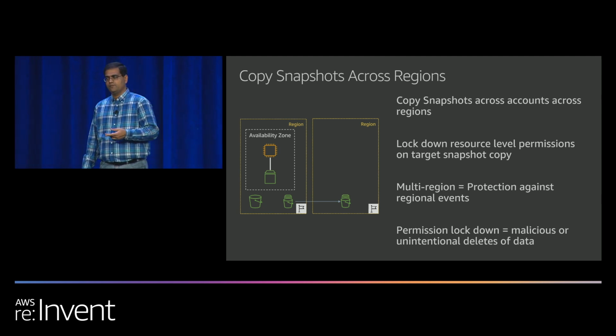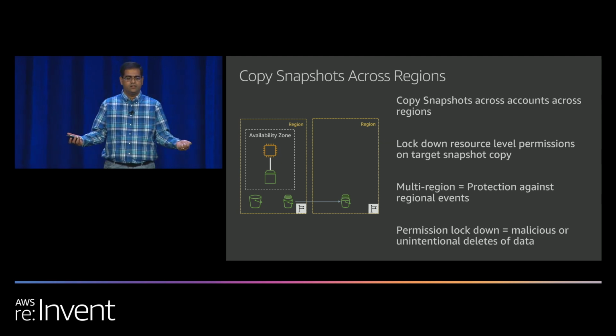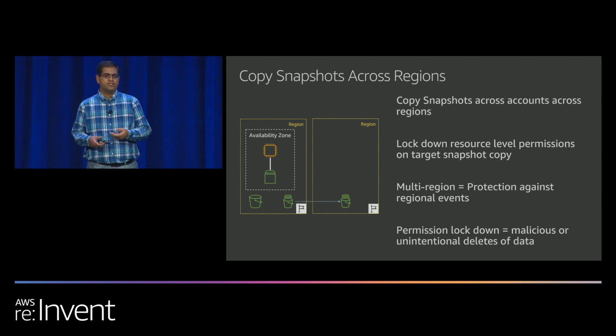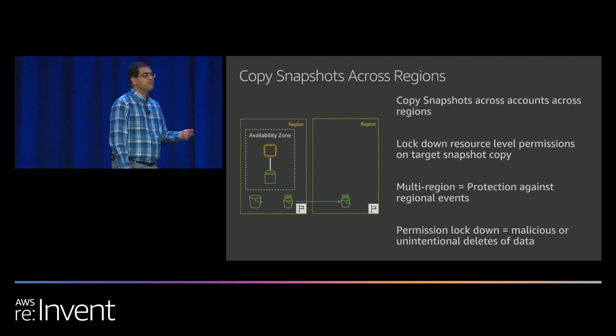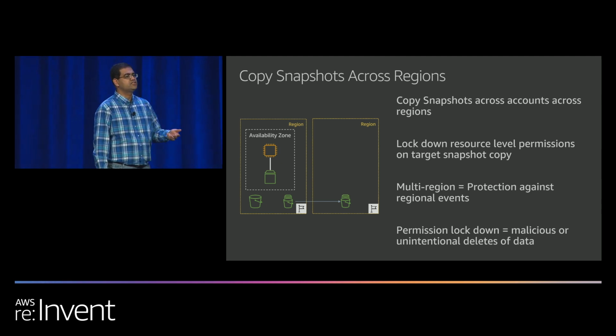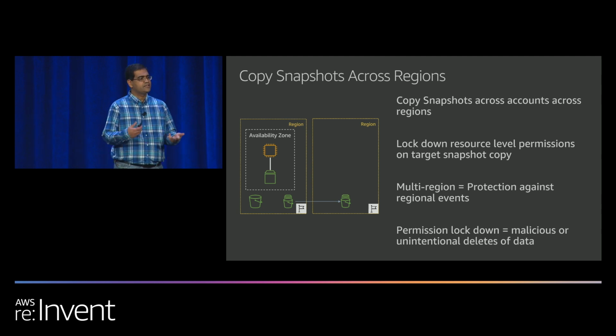Why do they do this, right? First, multi-region protects against regional events. If there is a regional event, this protects them against it. But the locking down of the permissions is so that they can protect against malicious or unintentional delete of data, right? And we see this pattern a lot in the copy snapshot use case.